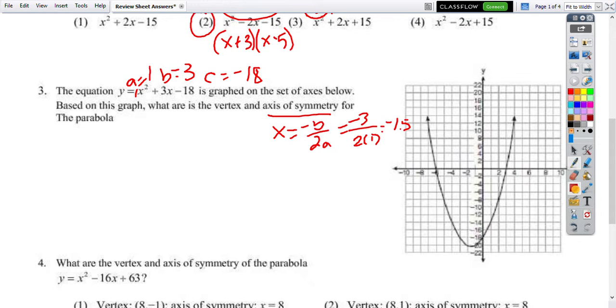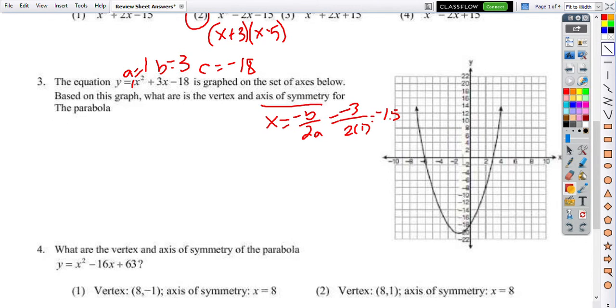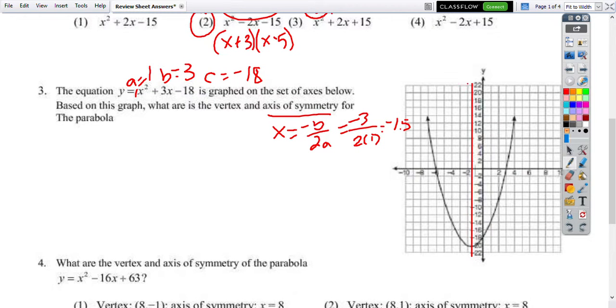So if I drew a line going down, right, at -1.5, that would be the axis of symmetry. Okay. So remember, it's a line. That's my equation: x equals -1.5.